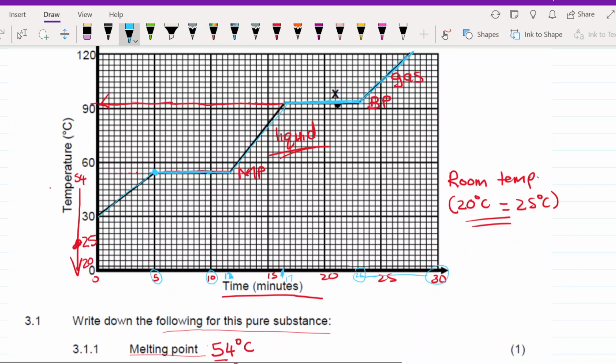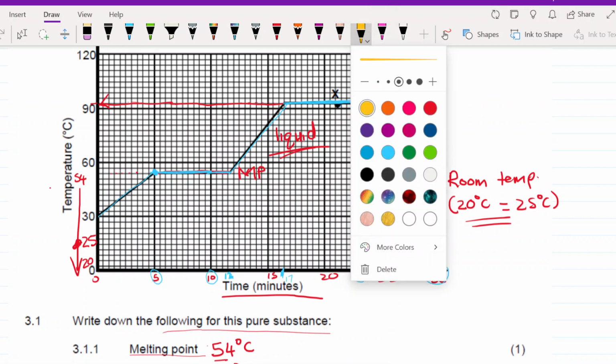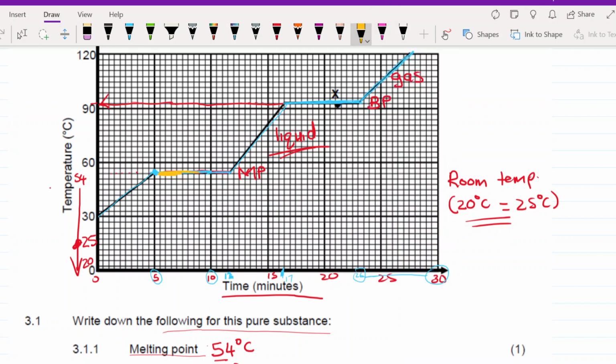So what I want you to observe now is that at the melting point, the temperature is constant, it's not changing. At the boiling point, the temperature is constant, not changing. So the temperature only changes when it's going up here, here, and there.